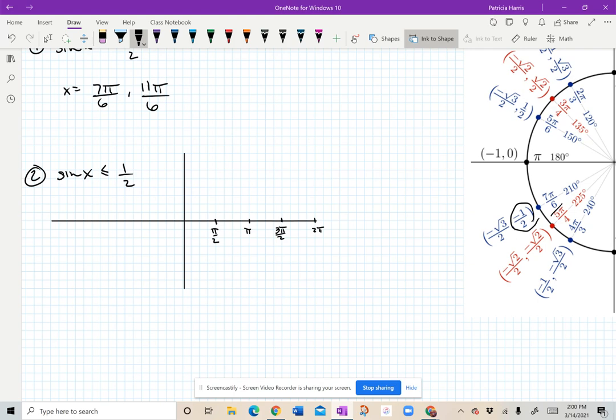Okay, so sine starts at 0. And then at pi over 2, it goes to 1. Then back down to pi, and negative 1. So it looks like this.